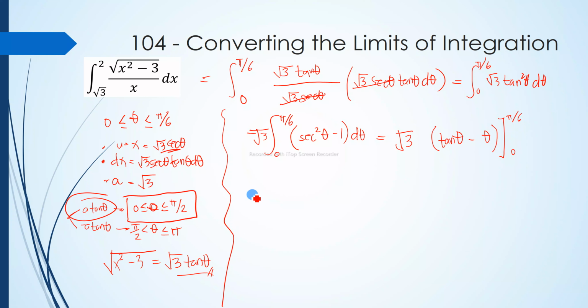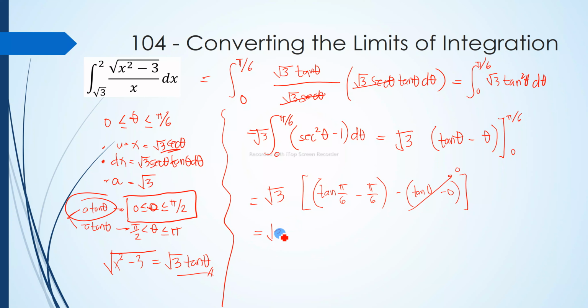So we just apply those lower and upper limits. So we have square root of 3 times tangent pi over 6 minus pi over 6, minus tangent 0 minus 0. Automatically, this is already 0.